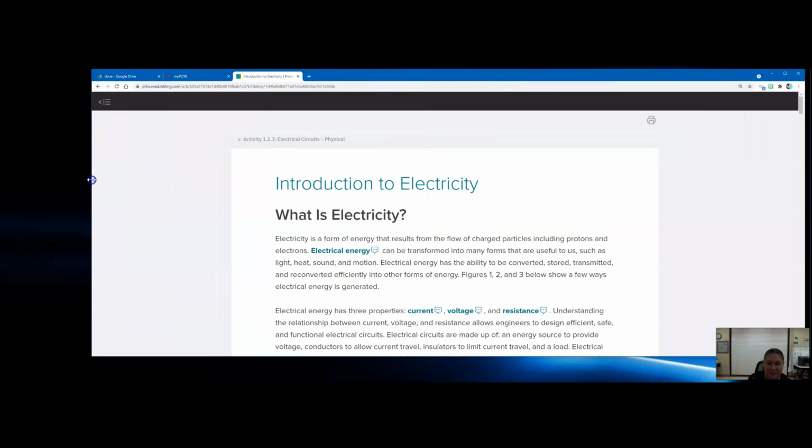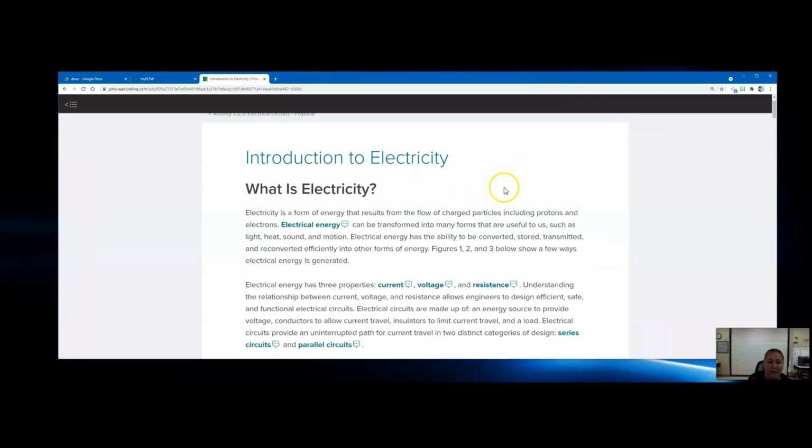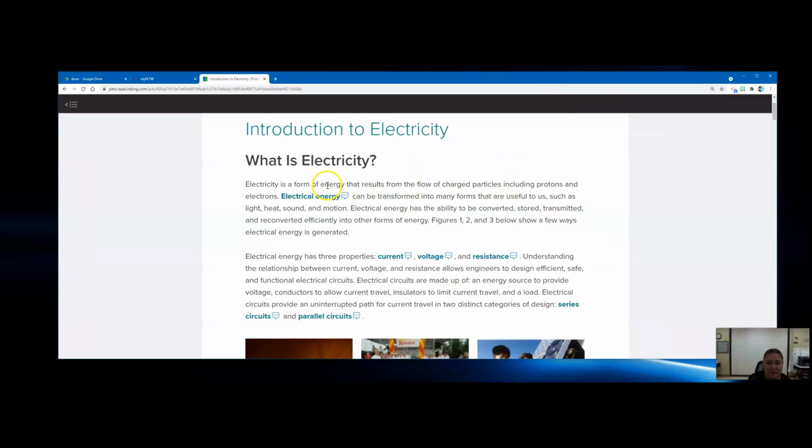Let's take a look over here. So Intro to Electricity. This is Project Lead the Way. I love this lesson, so I hope you enjoy it too. We're looking at electricity, and it's a type of energy that lets you have a flow of particles. So we've got particles with a charge and they're moving, and it's their movement that gives us this electrical energy.